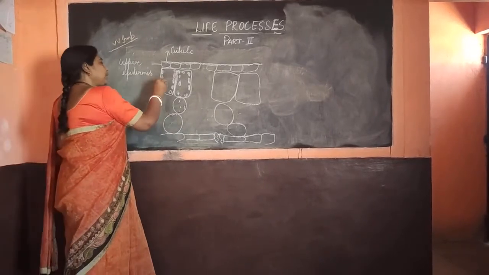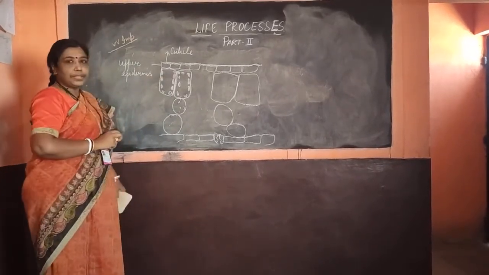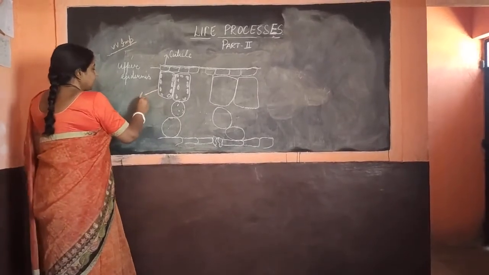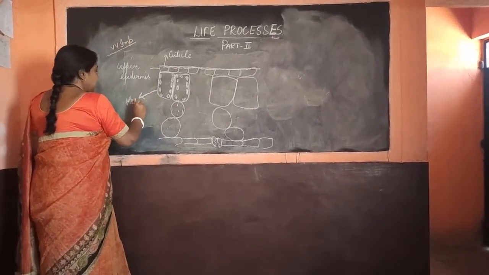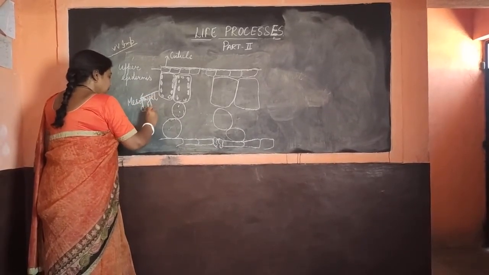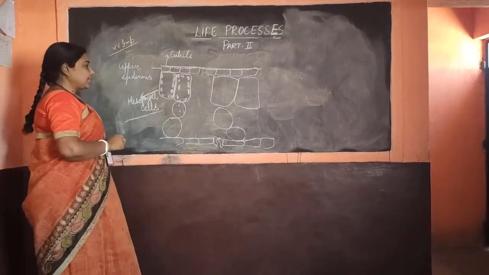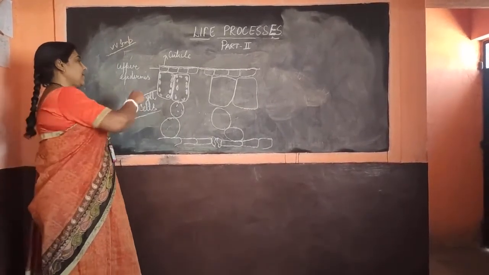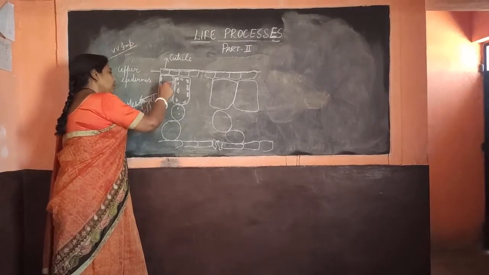Now what is the purpose of showing you this? There are certain cells known as mesophyll cells in the leaves, and they can store the water taken up by the roots and reaching the leaves, and they contain the chloroplast.